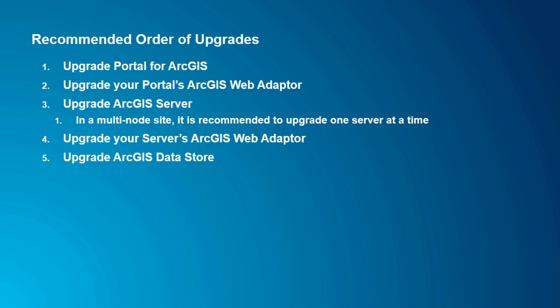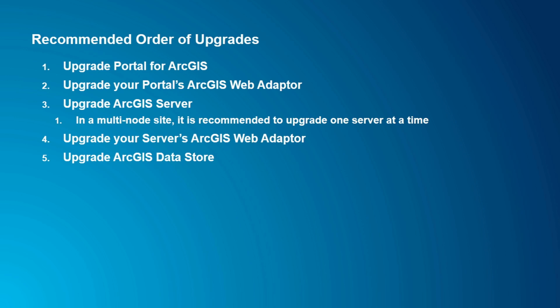All right, so that leads us into what order we should upgrade, which component we should upgrade first. The recommendation we give is upgrade your Portal for ArcGIS first, because this is the entry point, or the hub, of your enterprise deployment. Once your portal is upgraded, we'd want to upgrade the portal's web adapter. Then we can move to ArcGIS Server.